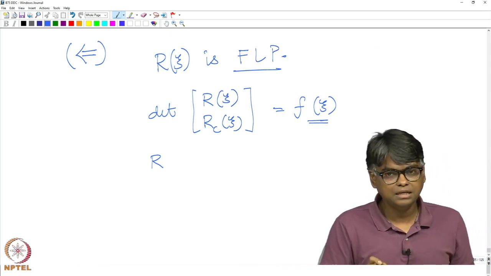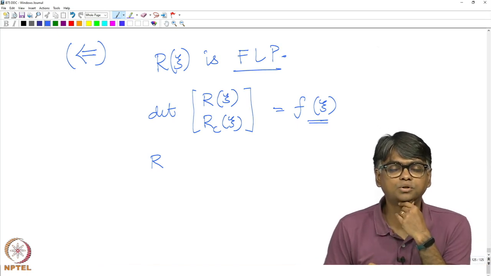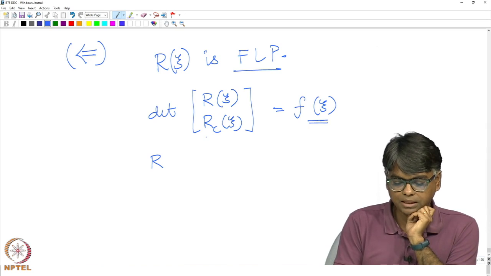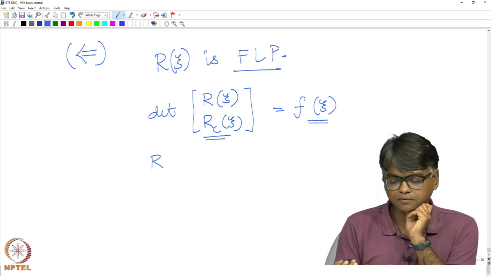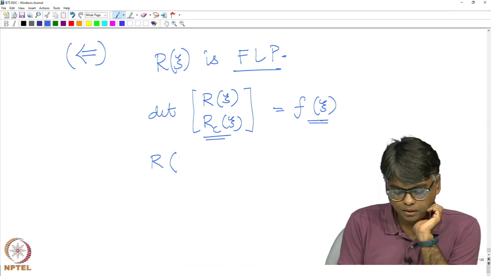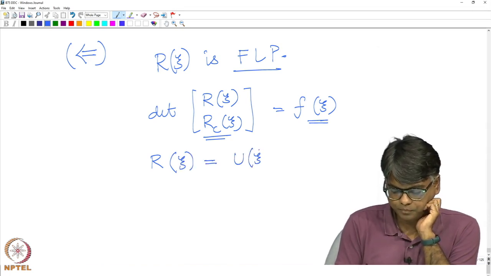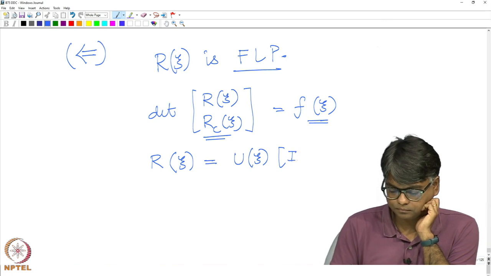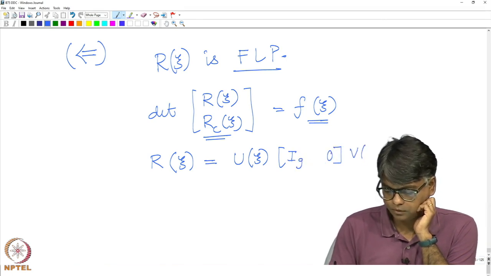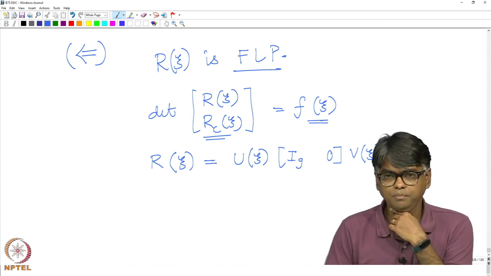But let us at least get a theoretical proof of why it should be possible to find this RC xi, so that the determinant of this is exactly equal to the given polynomial. Because R xi is factor left prime, its Smith form will look like this. We have seen that factor left prime implies the Smith form is of this form.